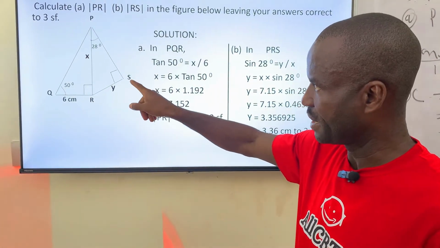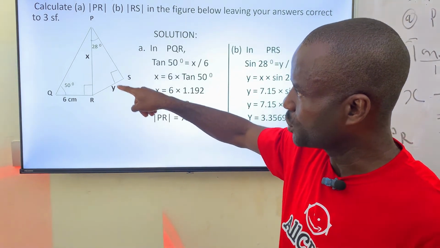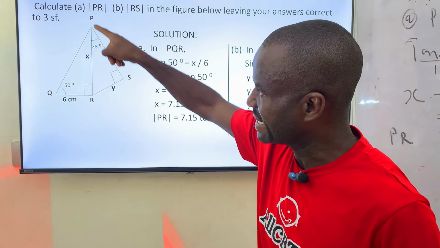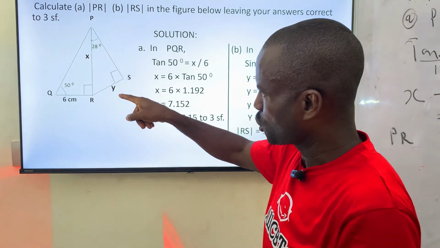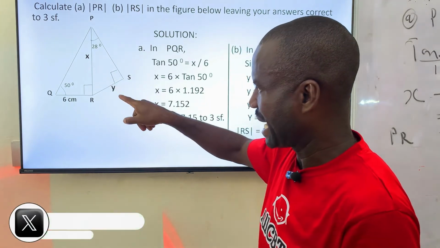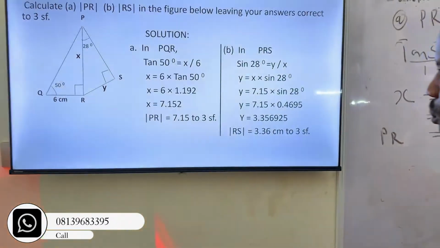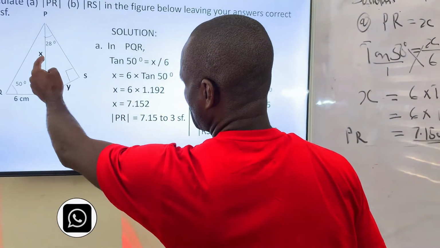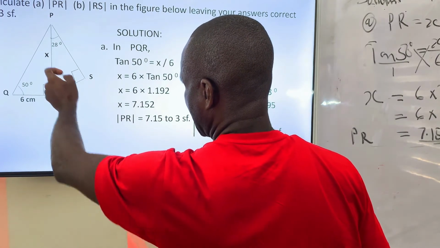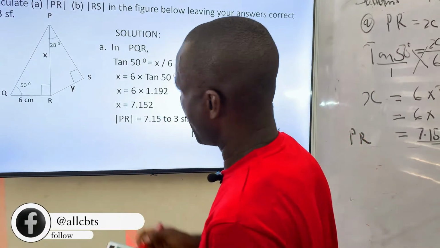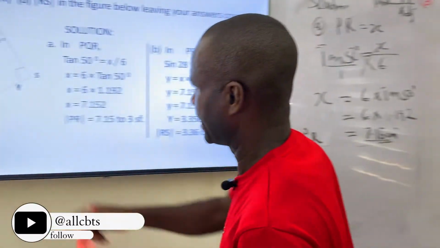RS is Y, meaning the side facing the angle, which is the opposite. Mind you, PQ, which is X, is the longest side. If you slant it this way, you'll be able to know that this is the hypotenuse. So we have been given the hypotenuse and the side opposite, which is Y. So you've been given X, which is 7.15, and Y is the unknown.